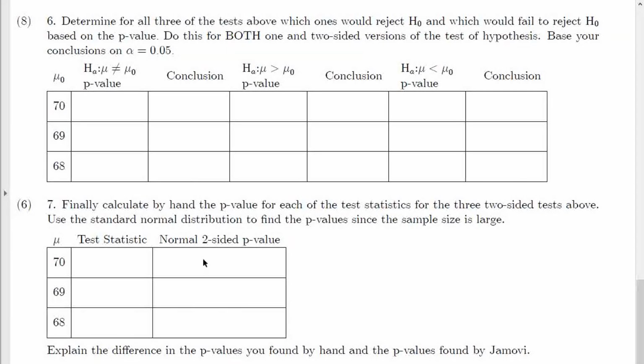And then your two-sided p-value, which is 2 times TCDF is what you're going to use there. So just doing it on the calculator. And then you want to explain any differences in these p-values compared to p-values that you found in Jamovi. So the p-values that we had up here.